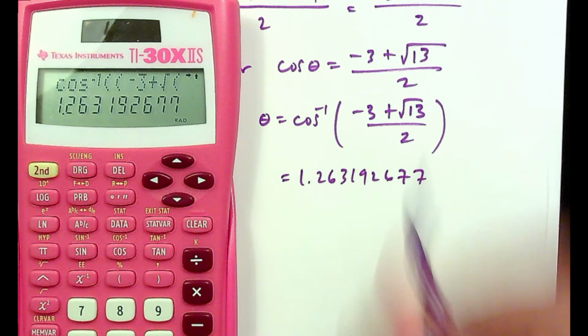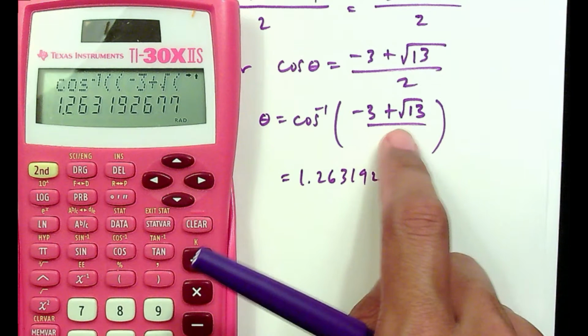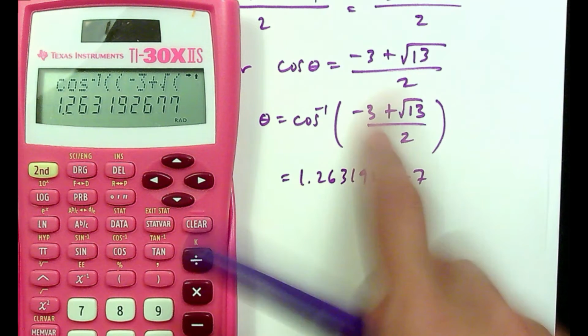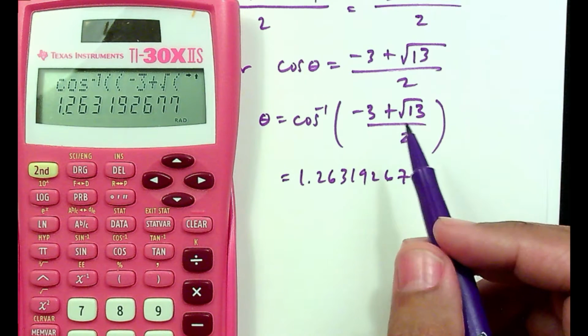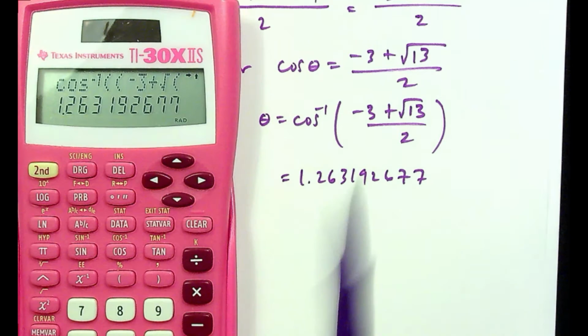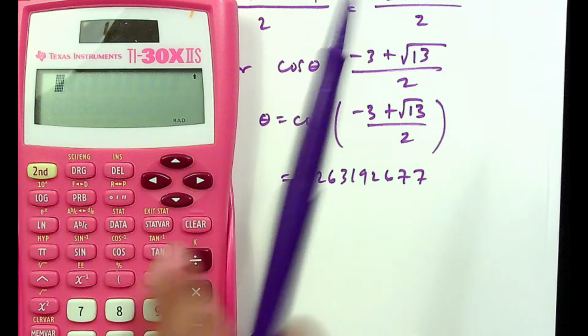Okay, so this is going to be 1.26319677. And by the way, I knew that it was wrong because I had already put just this number in the calculator beforehand, and you do get a number. That number inside the big parentheses is a number between -1 and 1. So you shouldn't really get an error. Let's do it real quick.